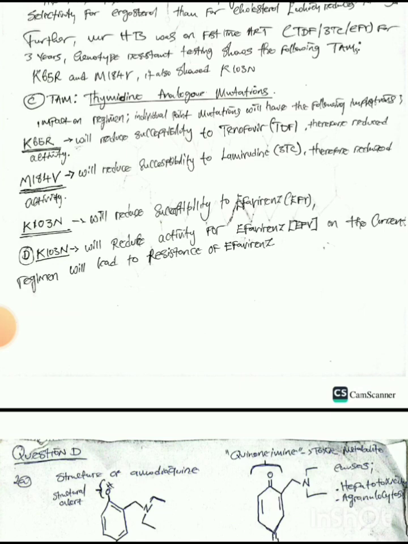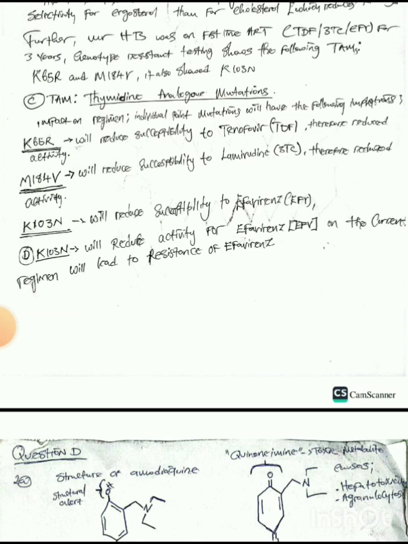This leads to reduced activity, so for K65R we expect tenofovir's activity to reduce in the presence of such a mutation. Secondly, M184V will result in reduced susceptibility to lamivudine, 3TC. Therefore, we'll have reduced activity of the drug as well. Such a genetic change can cause a reduction in the susceptibility to 3TC, and that is the M184V mutation.